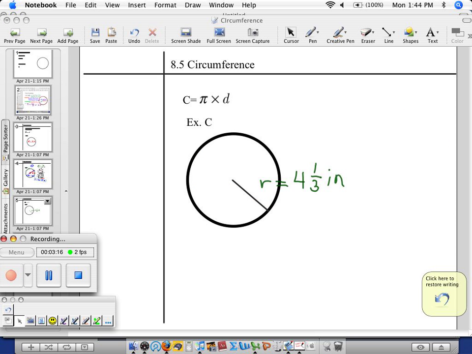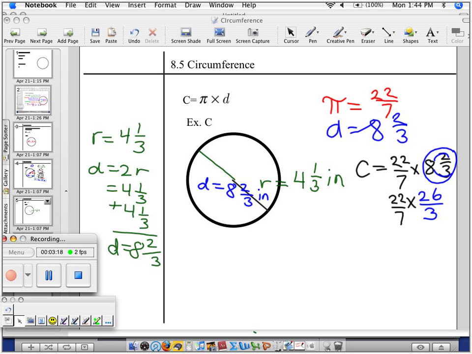Okay, here's what I did. In blue ink, I took the 8 2/3 and I changed that number into its improper fraction. Here's the process. What is 3 times 8?